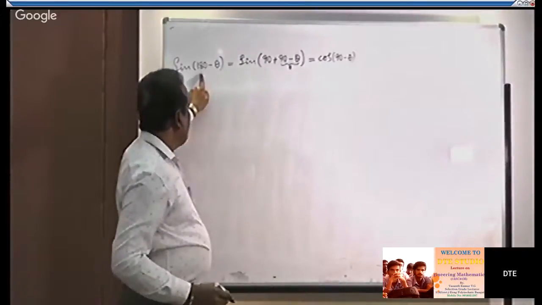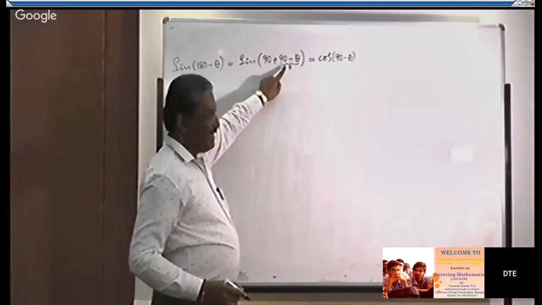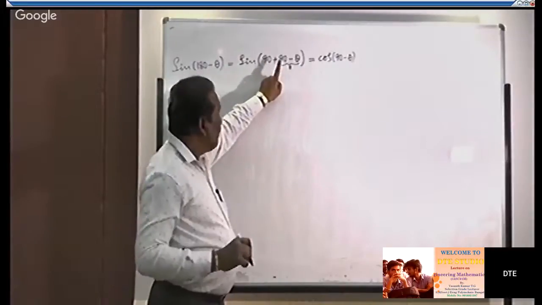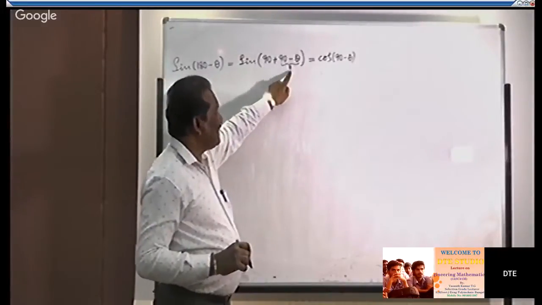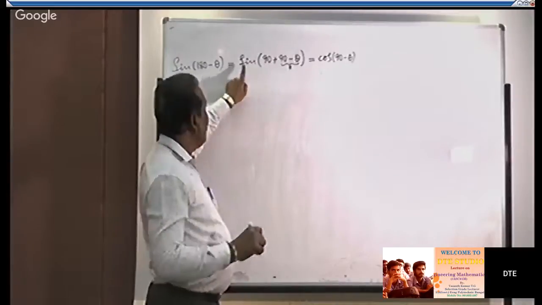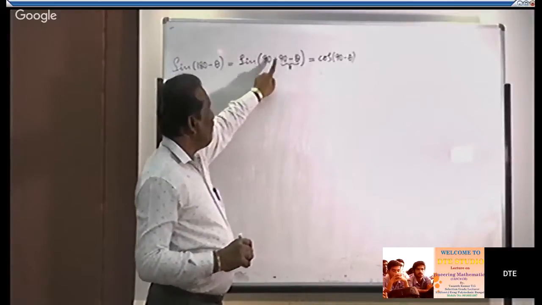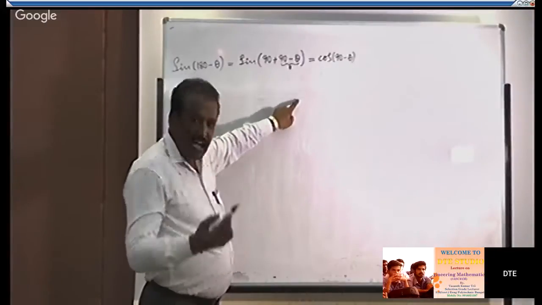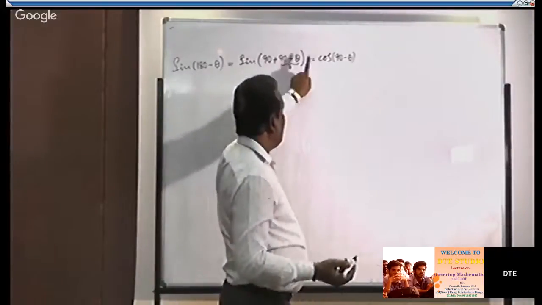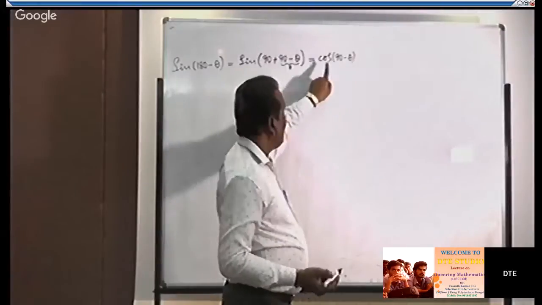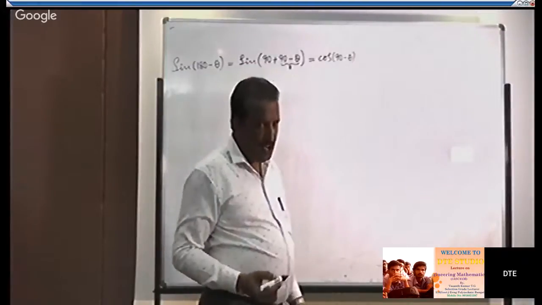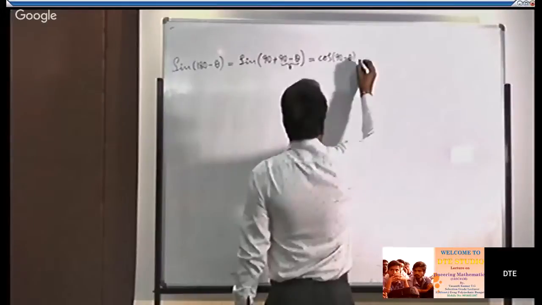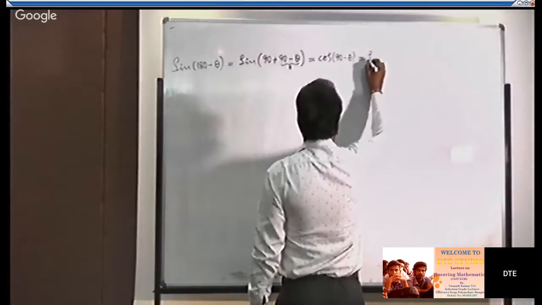So we split 180 degree as 90 plus 90. For the time being, we take 90 minus theta as theta. If it is so, you can read this as sine of 90 plus theta. We know that sine of 90 plus theta is cos theta. In the place of theta, it is 90 minus theta. Therefore, you can write cos of 90 minus theta. Also, we proved cos of 90 minus theta as sine theta.